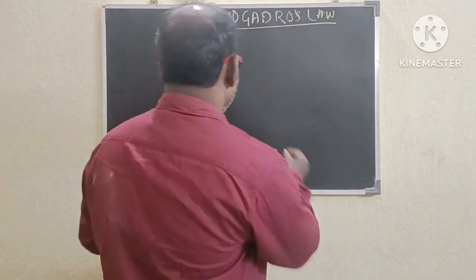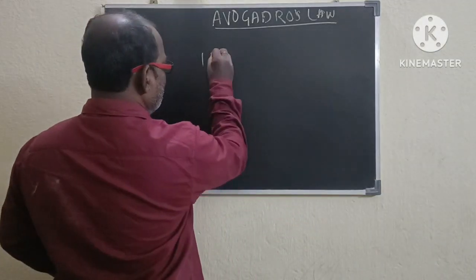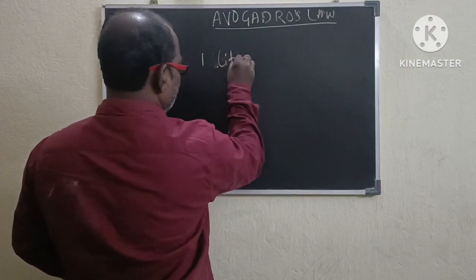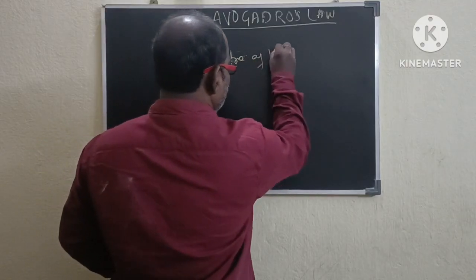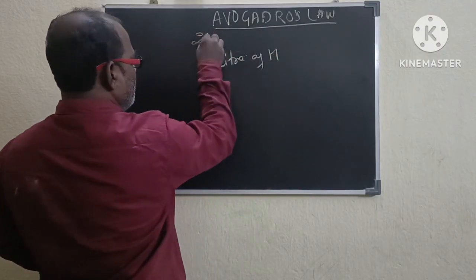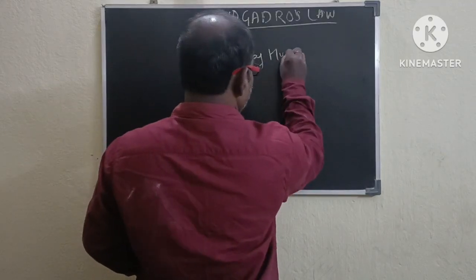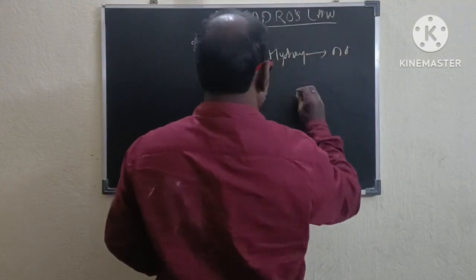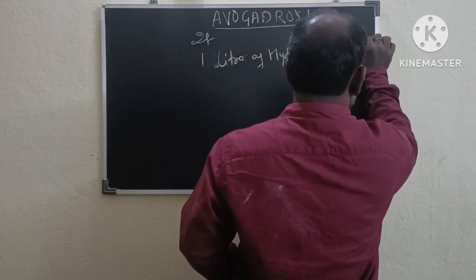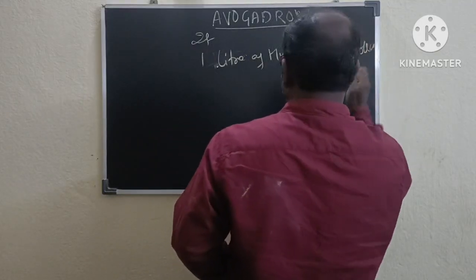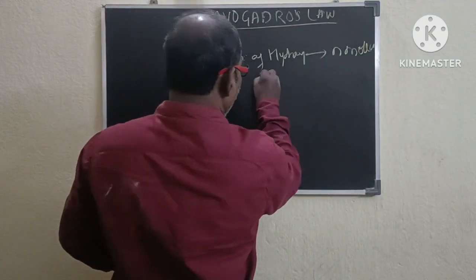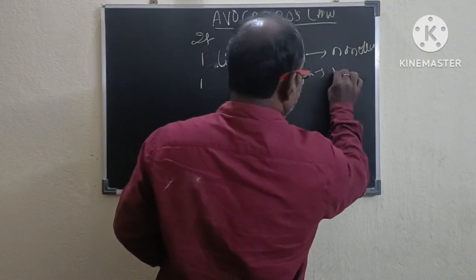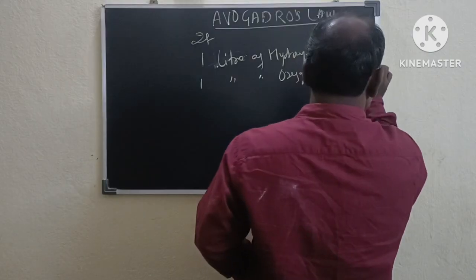That is, suppose if I say 1 liter of hydrogen contains n molecules, then 1 liter of oxygen will also contain n molecules.